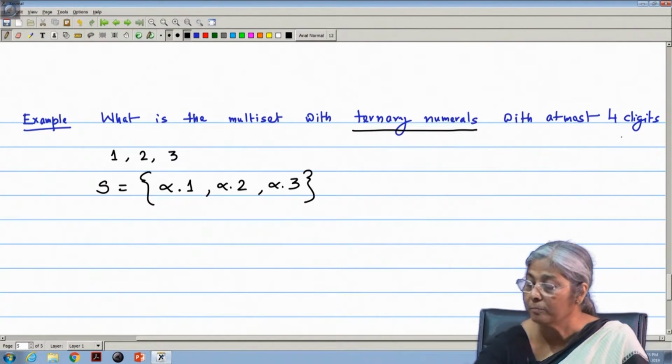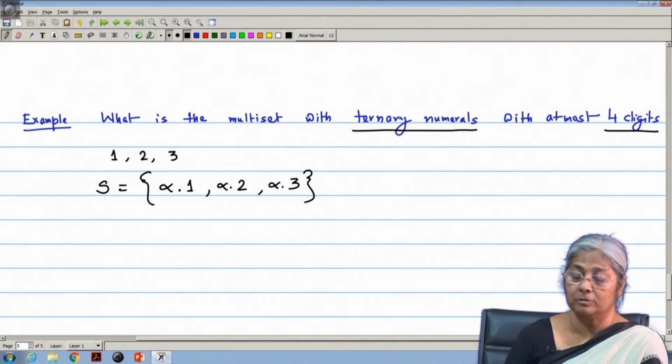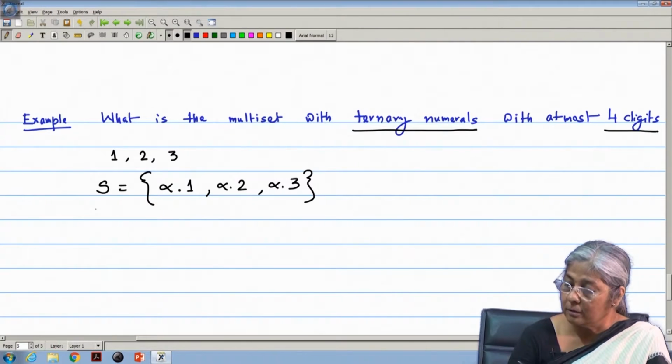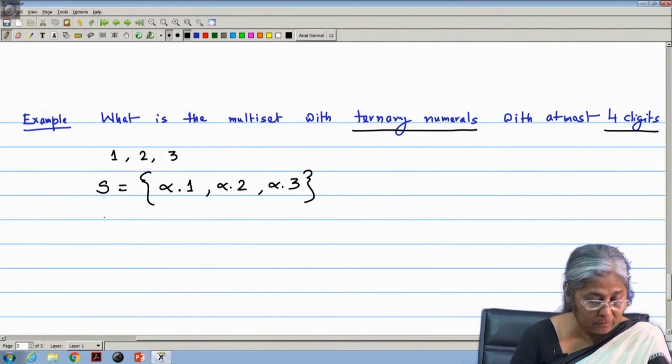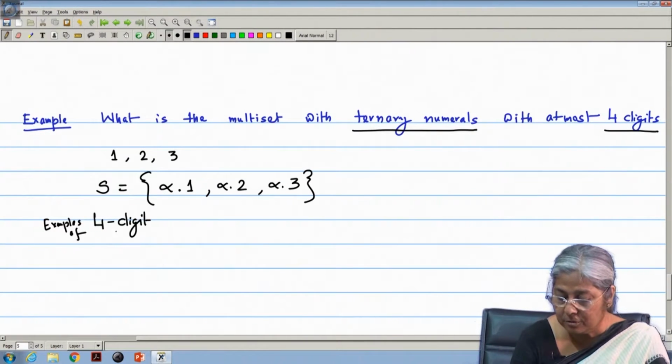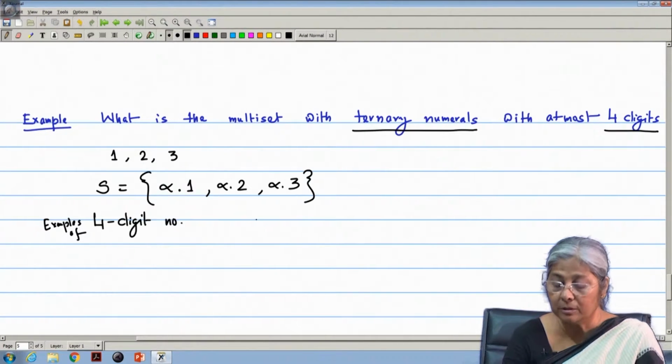Now, I have to form a 4 digit number, examples of 4 digit numbers only with 3 literals.